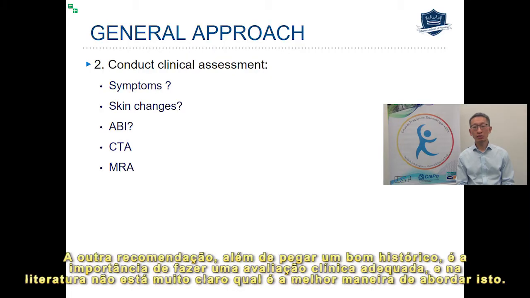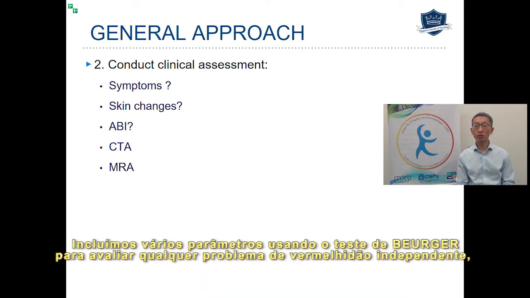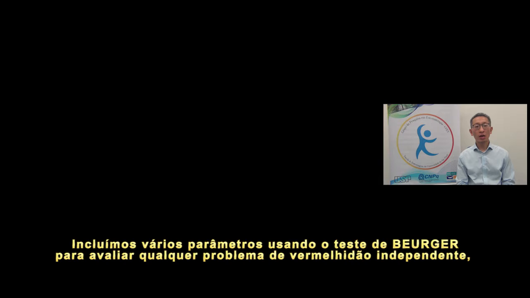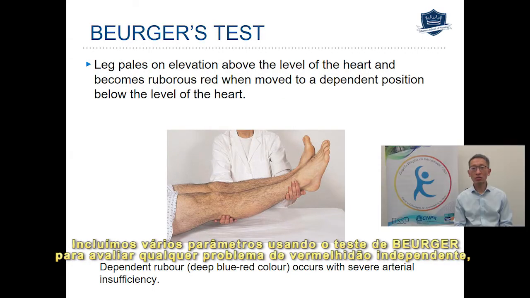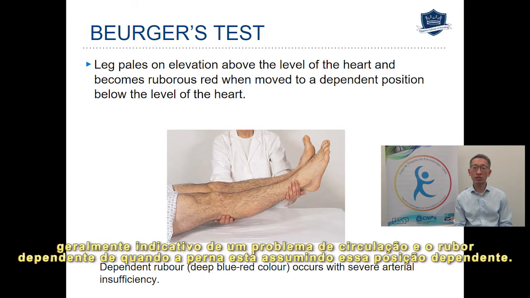The other recommendation, other than taking a good history, is the importance of a proper clinical evaluation and assessment. In the literature, it's not extremely clear what's the best way to approach this. We include a number of parameters, using Buerger's test to evaluate any dependent rubor that is usually indicative of a circulation issue.